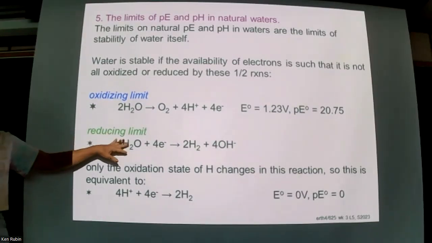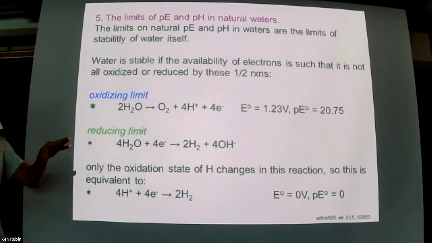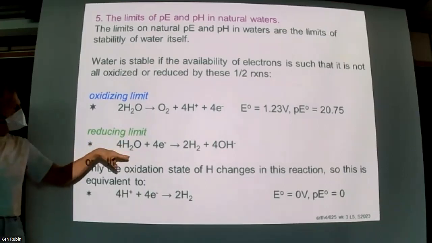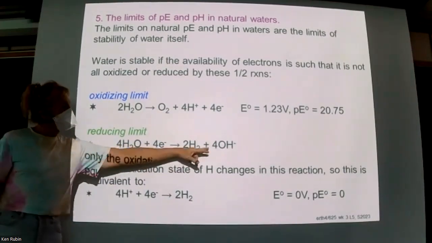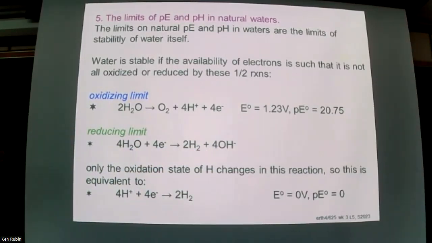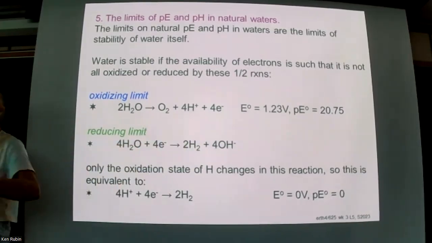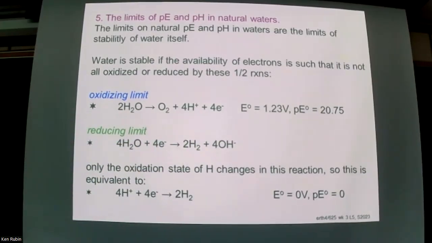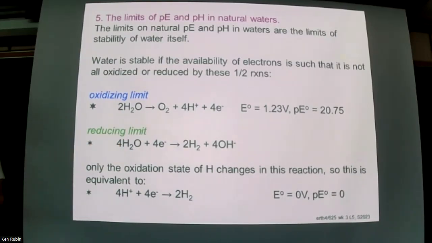There's also a reducing limit, meaning if parts of the planet get so reduced that water itself decomposes, if it consumes electrons and makes hydrogen plus hydroxide, then we don't have water present anymore, not in its standard form, it's in hydroxide form. This happens in the interior of the Earth, in the mantle, in the core, etc. But at the surface of the Earth, we tend to not find conditions more reducing than this. Again, we can do it in the lab, no problem.